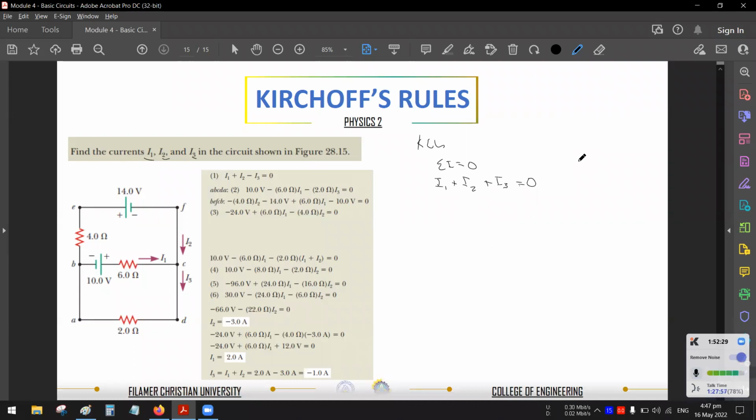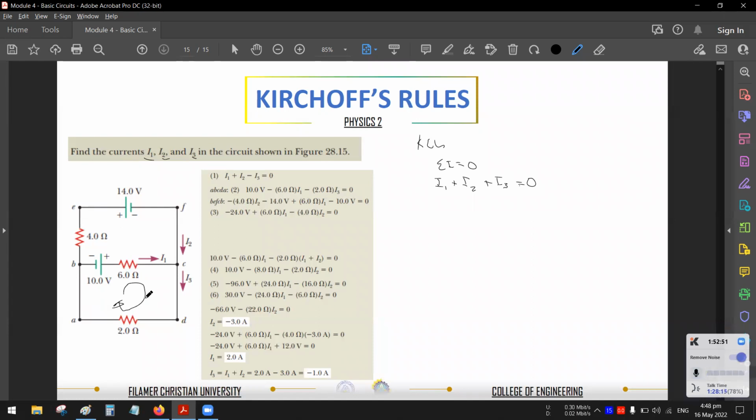Okay? So, and then, ilang loops ba to? Tatlong loops to. We have the points A, B, C, D, A, first loop.